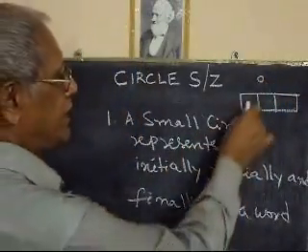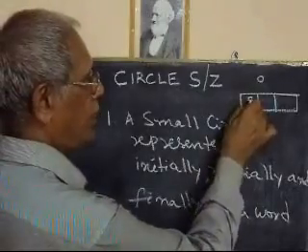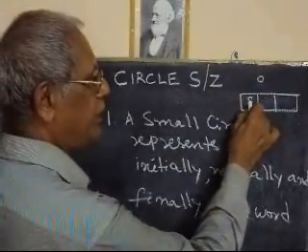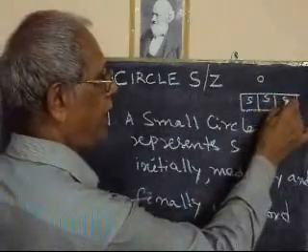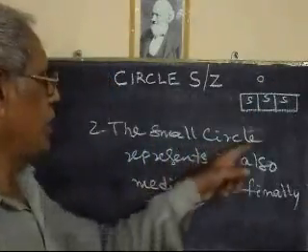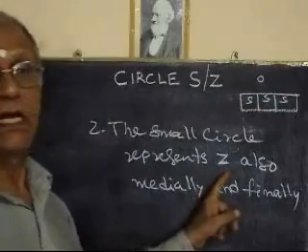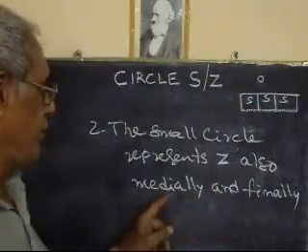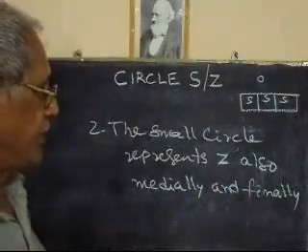The small circle represents Z also, medially and finally.